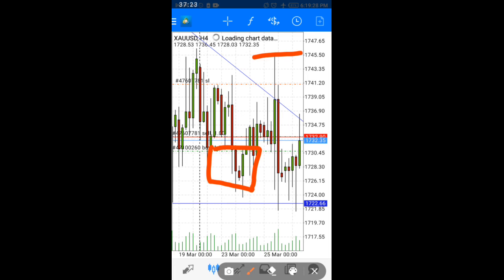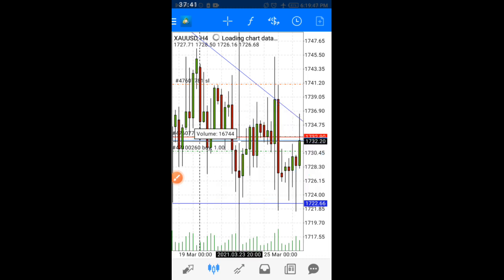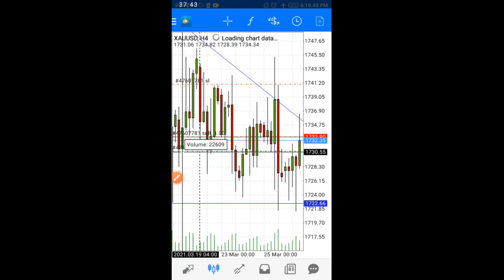So imagine the number of pips you would have got if you traded this, maybe at 1730. Let's say you entered immediately the candlestick formed, at 1730. Price got to 1745.07.